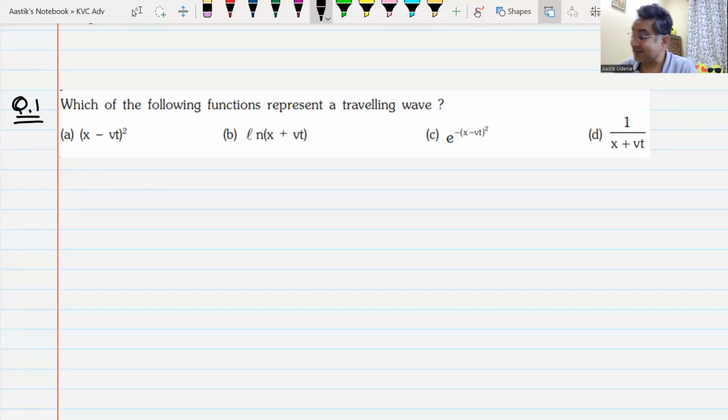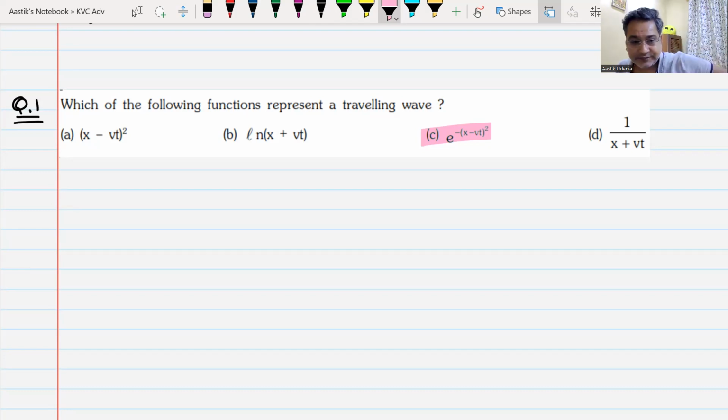The answer is C. C is the equation of a wave. Now, look at A, B, C, and D. All are given as a function of x and t, so they satisfy one condition, that y has to be given as a function of x and t.